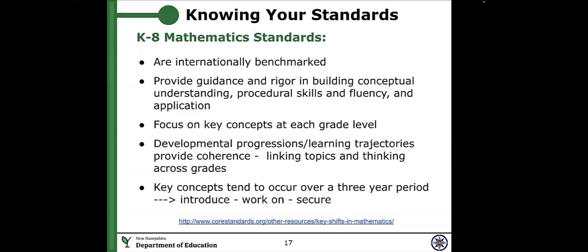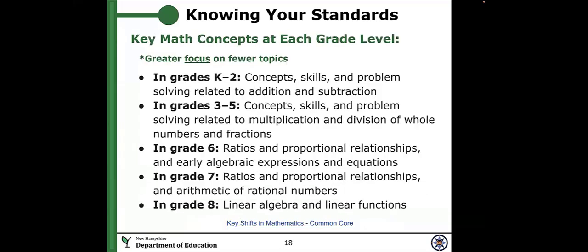There are lots of links on these slides that you will get tomorrow, so you can always click on those. As we go up through the grade levels, the key concepts at each grade level are listed here. In grades K to 2, the concepts, skills, and problem solving related to addition and subtraction are the focus area.